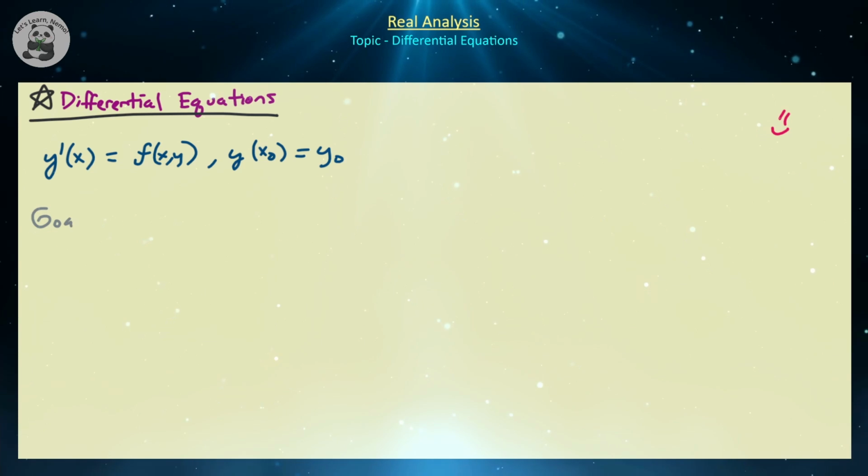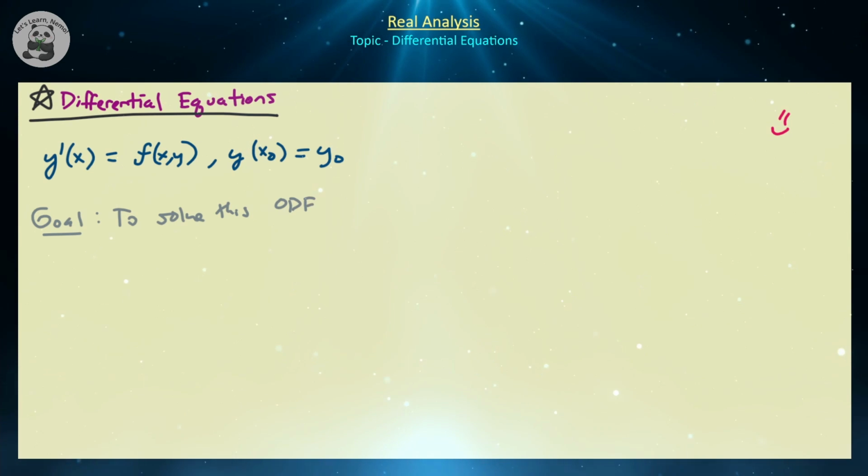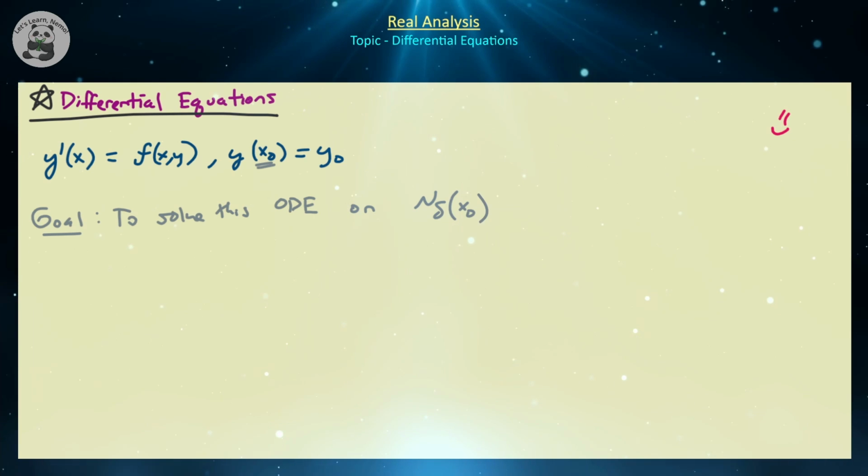So what is the goal of differential equations? The goal is to solve this ODE on as much of the domain of real numbers at x0 and after as possible. But in particular, all we really need to do is to solve this ODE on some neighborhood of some size delta around x0, in particular on the right of x0 or even before, depending on how you're going to approximate the solution.